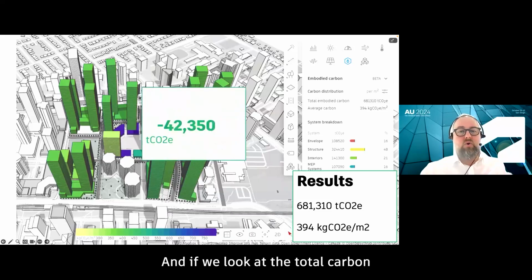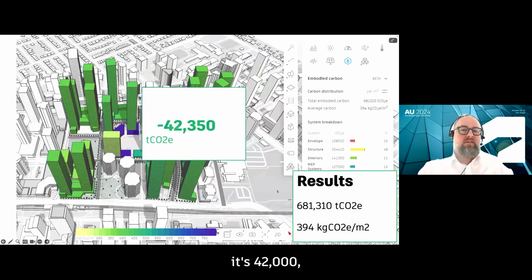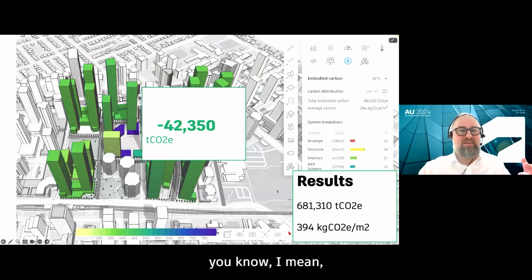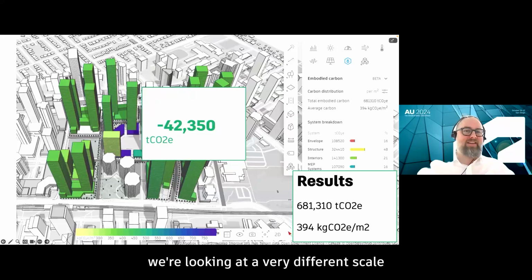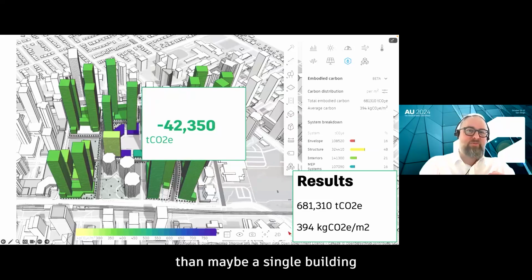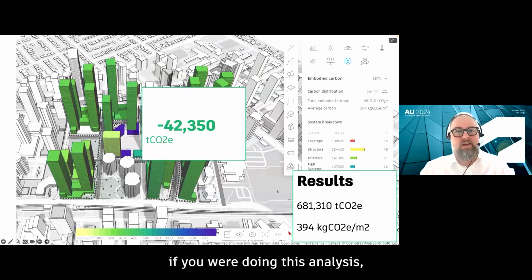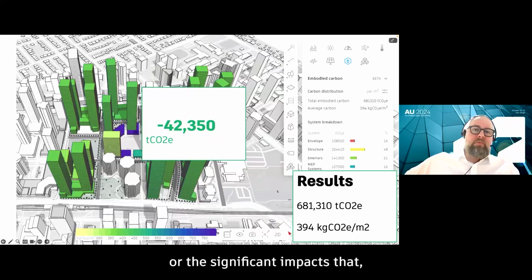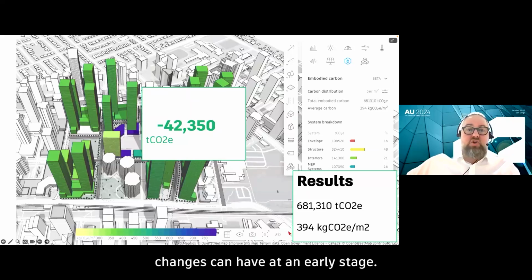And if we look at the total carbon saved, it's just over 42,000 tons of CO2 saved. So we're looking at a very different scale than a single building, but you're able to really appreciate the significant impacts that some of these design changes can have at an early stage.